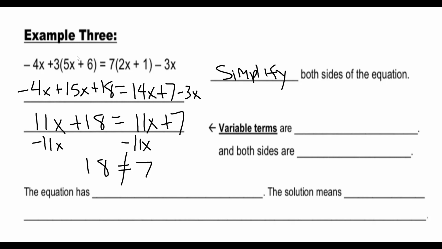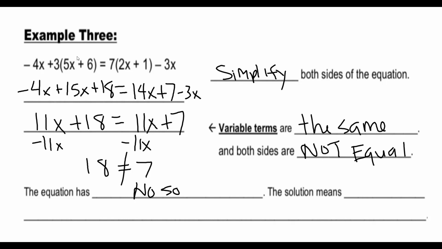So the variable terms were the same, but both sides are not equal. The equation has no solution. And the solution means that no value of x will make the equation true.